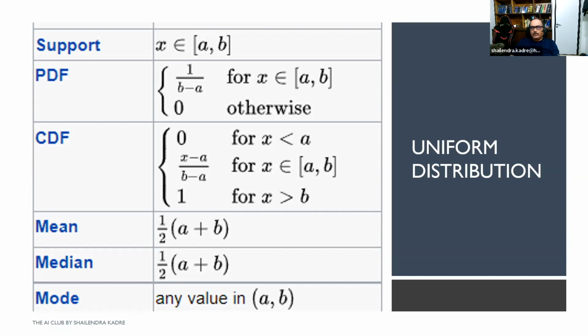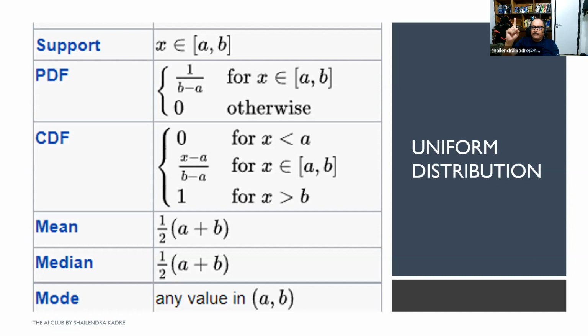I am concerned whether you have understood the formula of CDF or not. Let us revise it once again. For X less than A, the cumulative probability will be 0. Do you agree? For X greater than B, cumulative probability will be equal to 1.